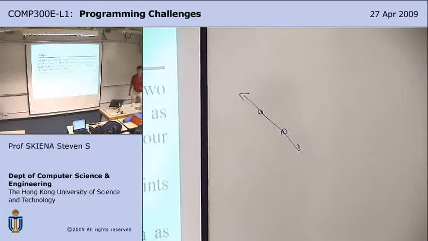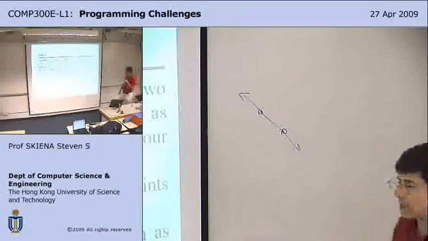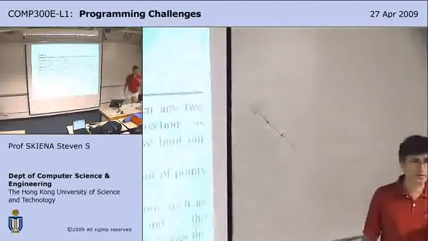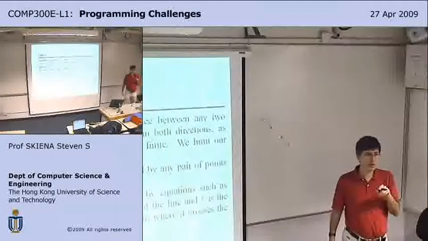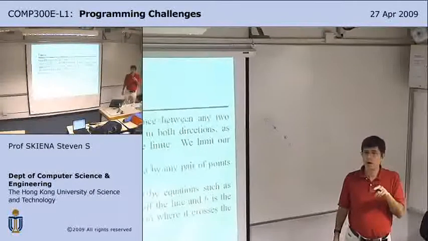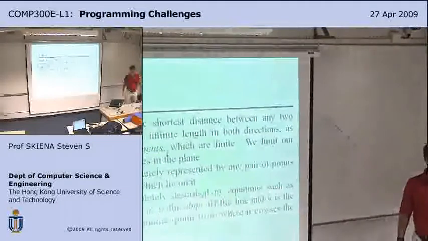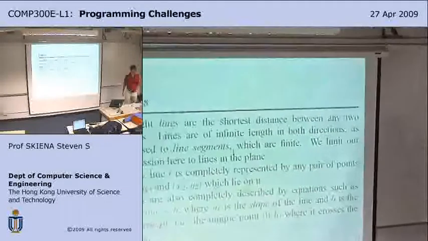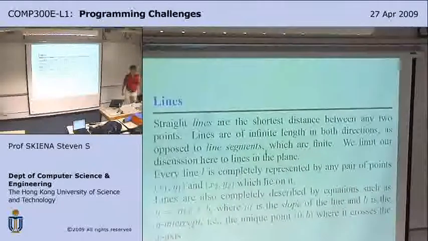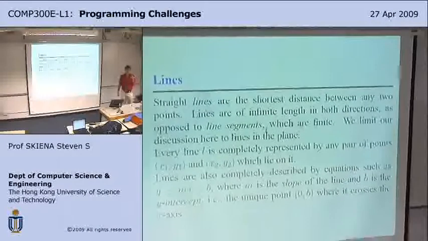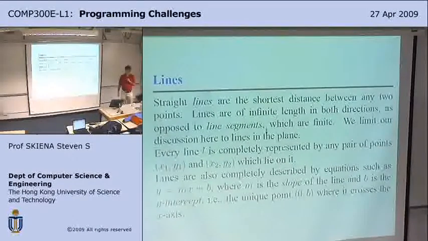Why might that be a bad way to represent a line? So, let's think about this. What problems would be hard to solve with lines in the pair of points representation? How would you tell if 2 lines are the same? One problem is it's not a canonical representation, is that right?